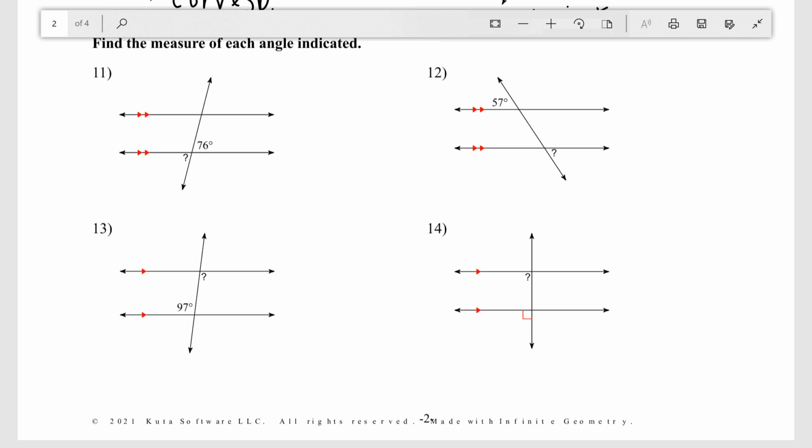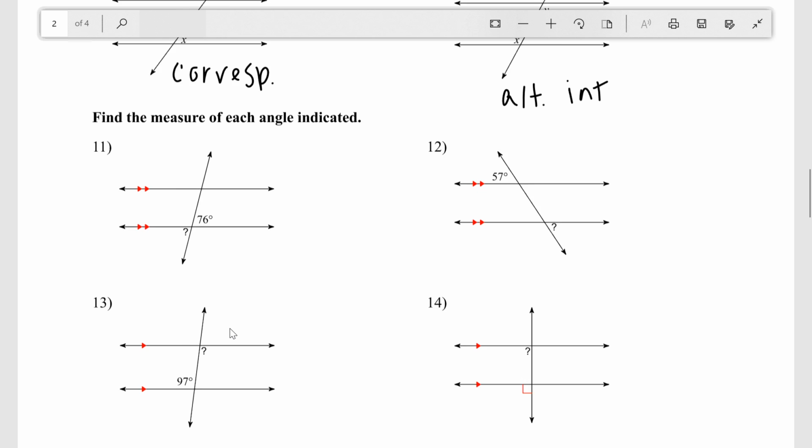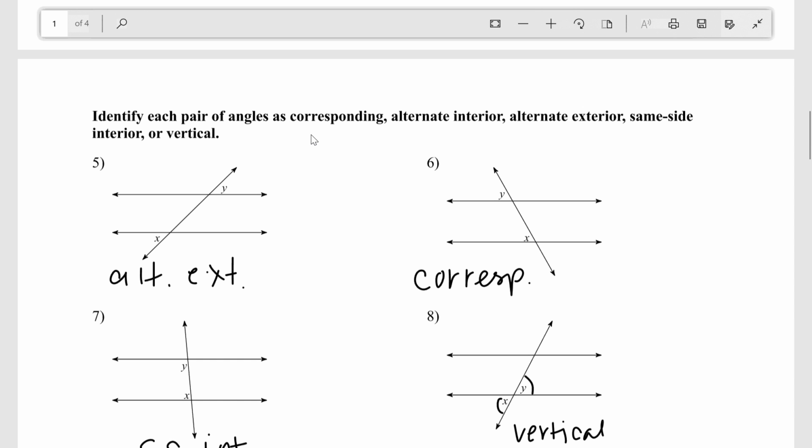As we continue on with this worksheet, we now need to find the measure of each angle indicated, continuing on with our knowledge of parallel lines and transversals. So remember, note back to all of our different possibilities here. If we have corresponding angles, remember that the angle measures will be congruent. Alternating interiors and alternating exteriors also have congruent angle measures.